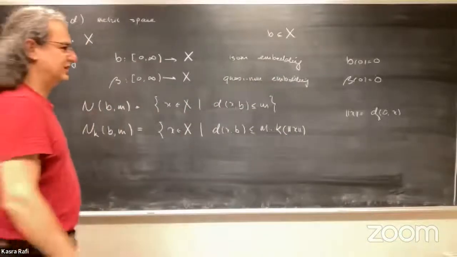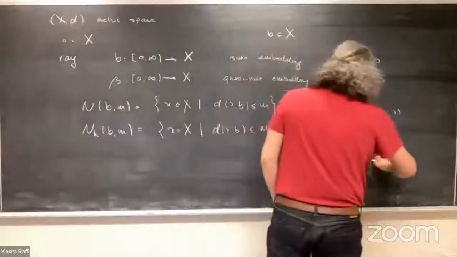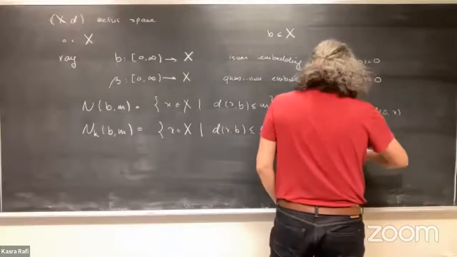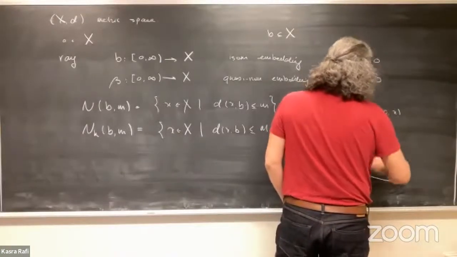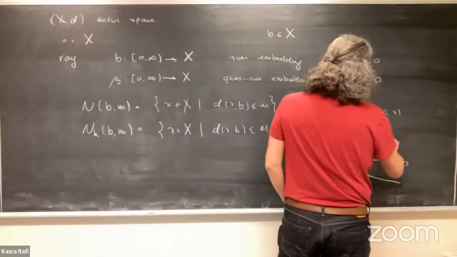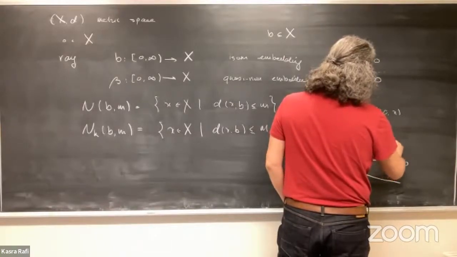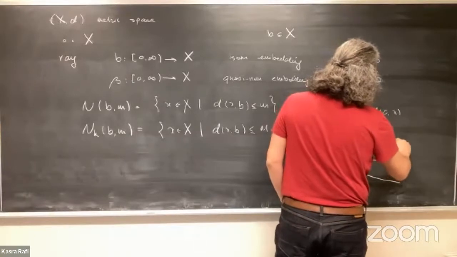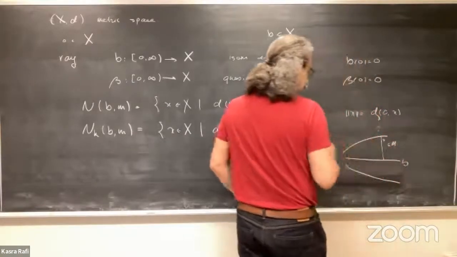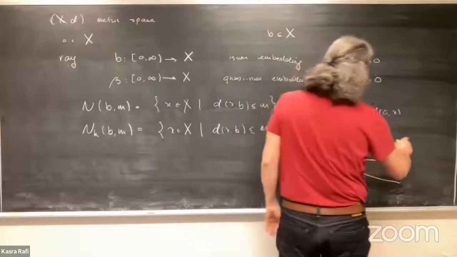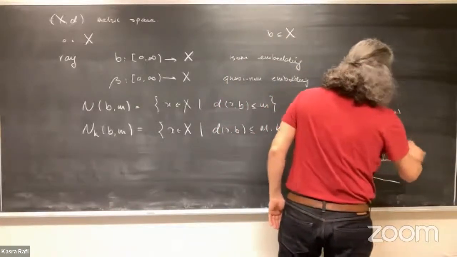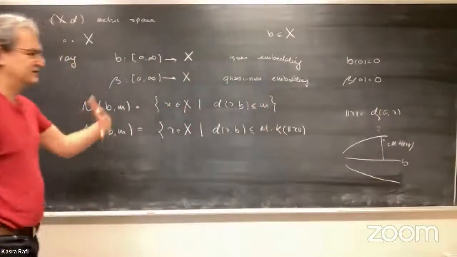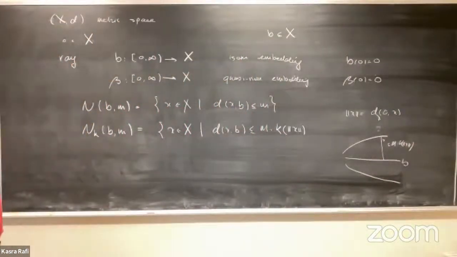The picture you should have in mind for these objects is that you have a b and you have some sublinear function where the thickness at each point x, this distance, has to be less than or equal to M, which is some gauge for how large the neighborhood is, and kappa, which is our gauge of how small the sublinear function is. Maybe I should say what kappa is.